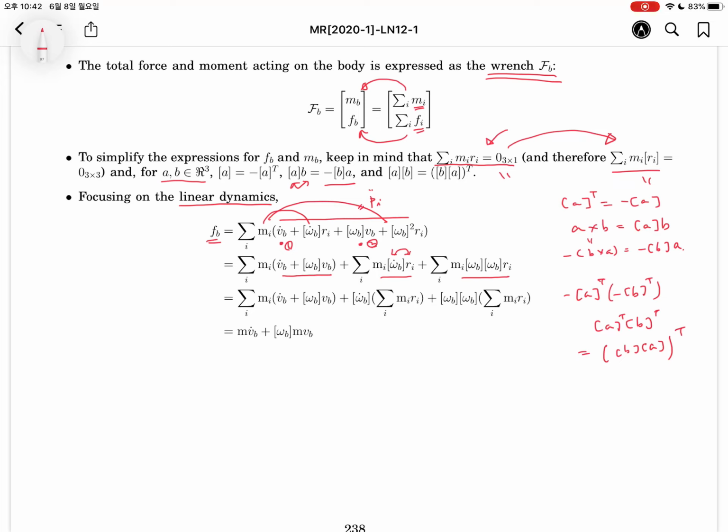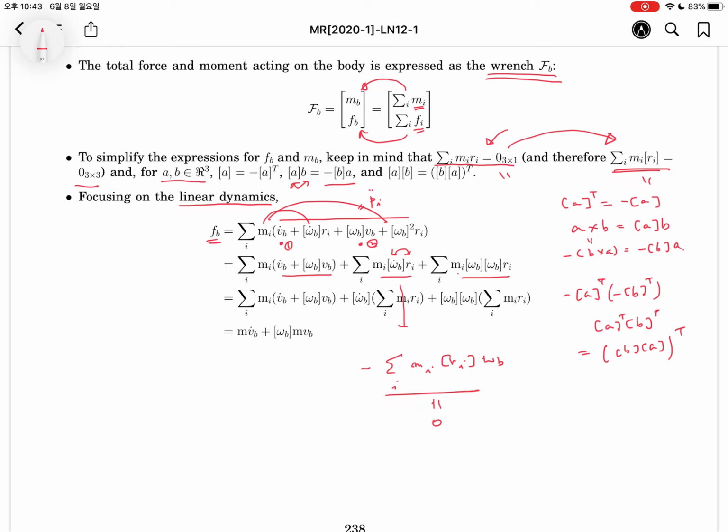Is it right? So if you write down summation of mi ri and omega b, maybe you know that according to the definition of the center of mass, it is 0. From here, we can perceive this property is satisfied. Okay, so it is 0.